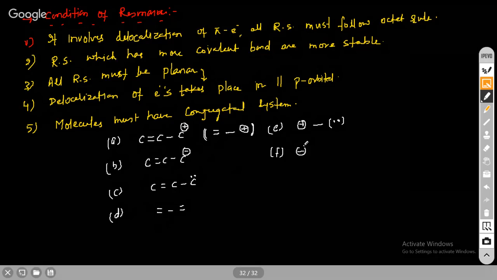Negative charge, single bond and vacant d orbital, conjugated system. Double bond, single bond and free radical, conjugated system. So all these are examples of conjugated system.